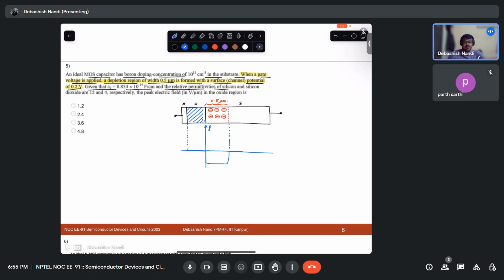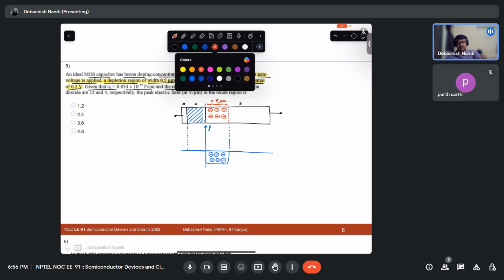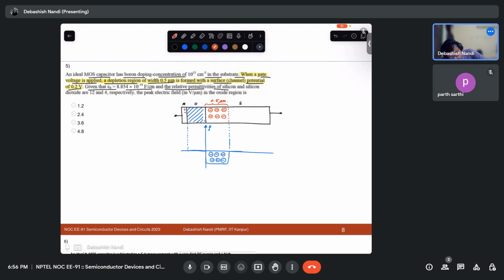And what about this? Now this will be interesting. If I have to draw the rho profile in the metal also, what is the charge profile in metal? I have discussed it many times, right?